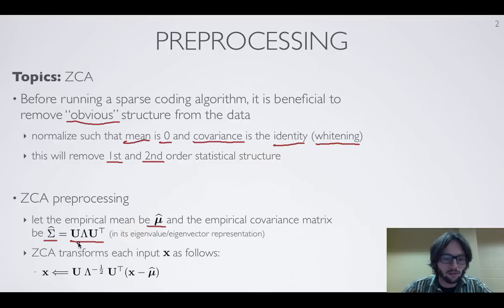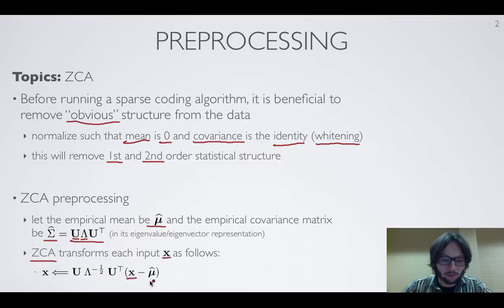Here the eigenvectors are the columns of the matrix U, and lambda is a square matrix with 0 on its off-diagonal terms, and the diagonal terms correspond to the eigenvalues that are sorted.